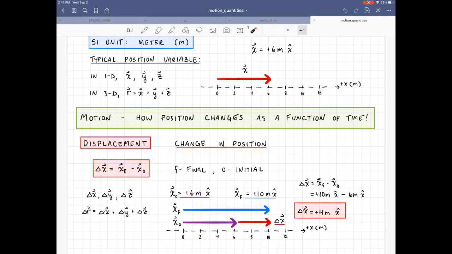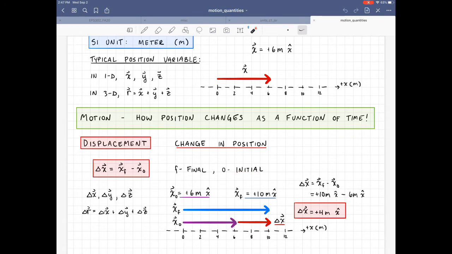And so if I was going to write out the x displacement, I would write out this expression right here, this delta x, so delta meaning the change in, so final position minus initial position. So subscript f here is final, subscript 0 is the initial position.